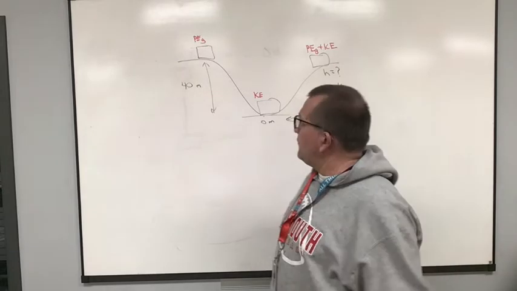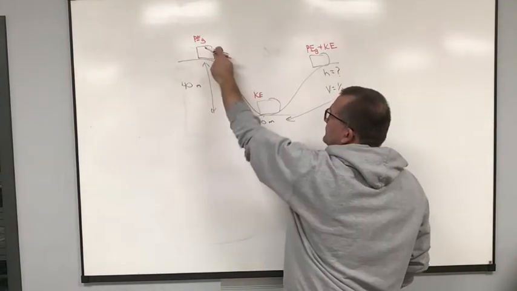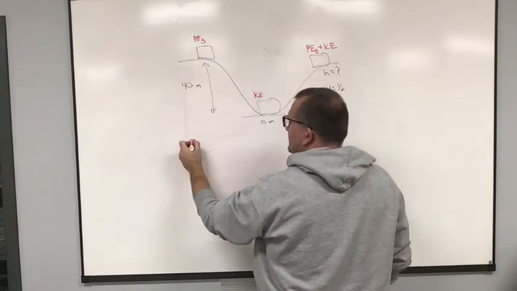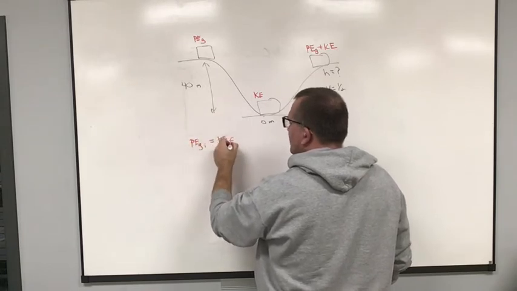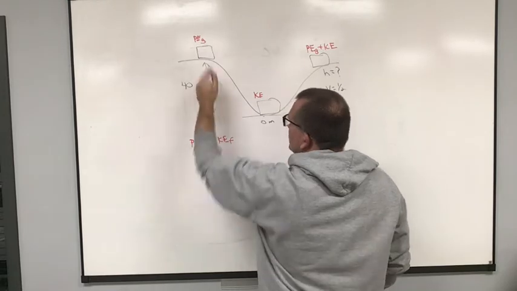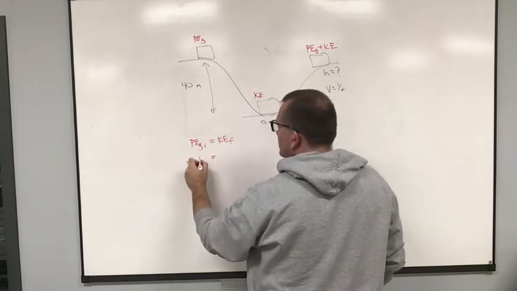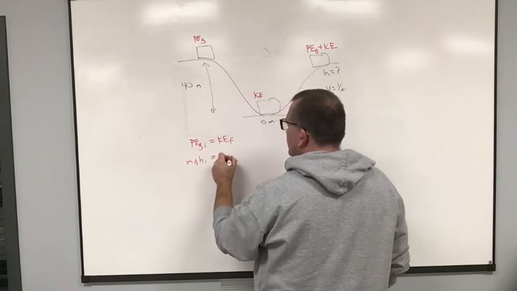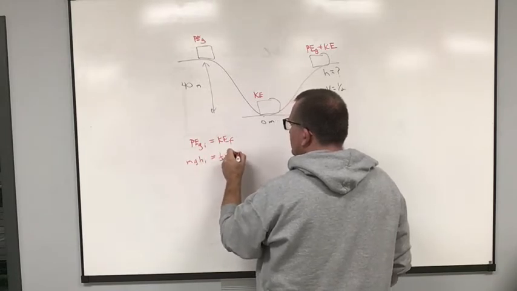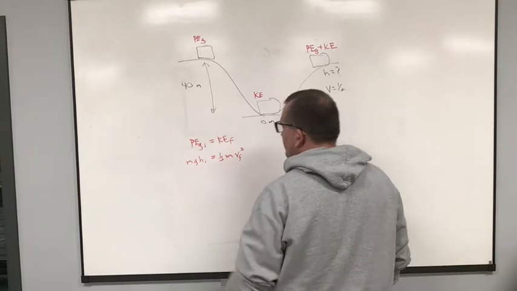Okay, so let's go through the steps. I'm going to compare these two, right? I know the potential energy due to gravity that I start with will equal my final kinetic energy. So this is going to be mgh initial, and this would be 1/2 m v squared final.